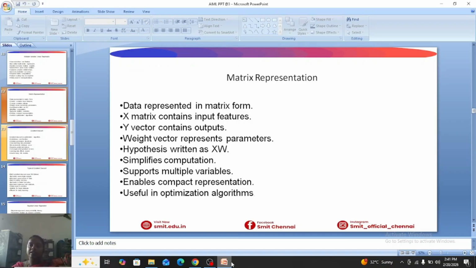There are three forms of matrix notation: feature matrix, parameter vector, and output vector. Advantages of matrix representation: it simplifies multivariable regression, gives faster computation using linear algebra, is easy to implement in Python and MATLAB, and is scalable for large data sets.